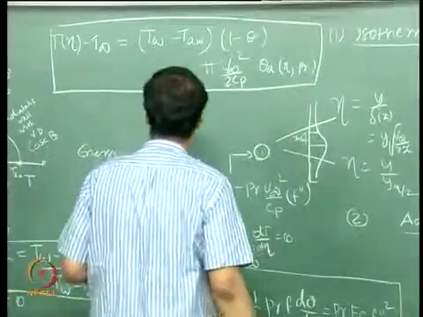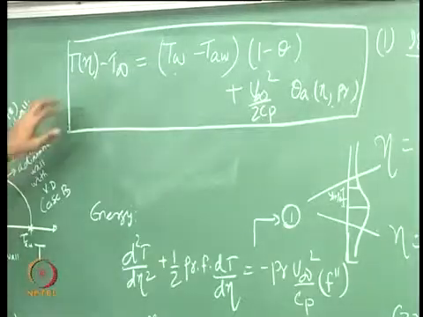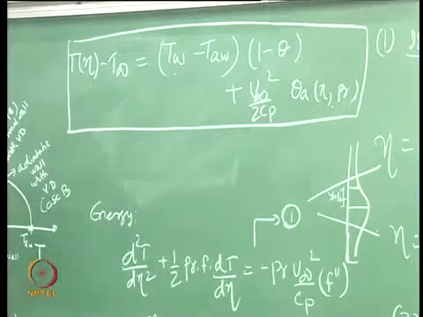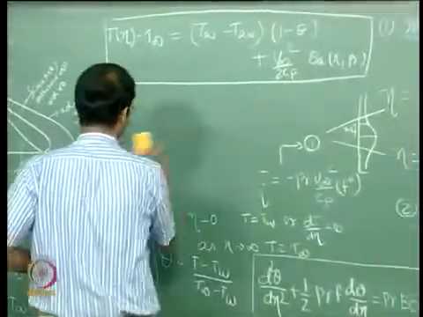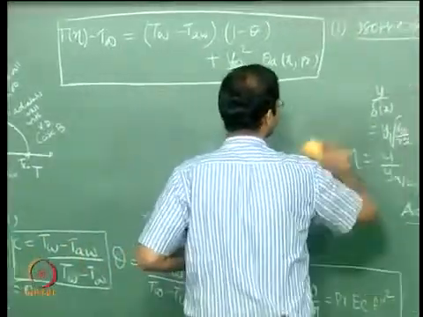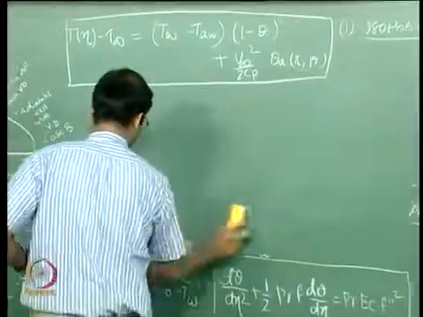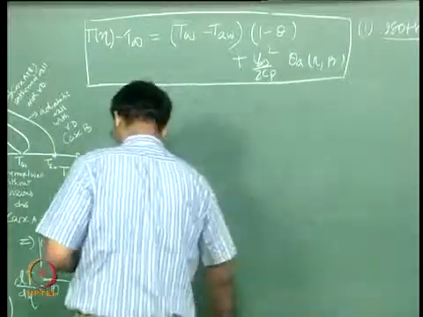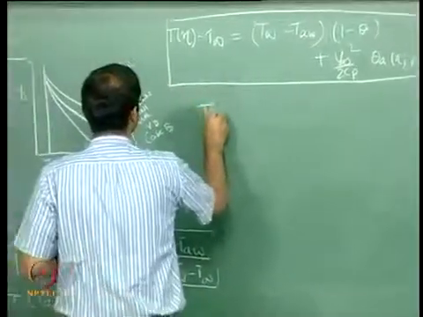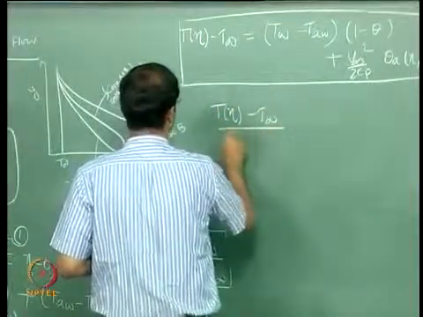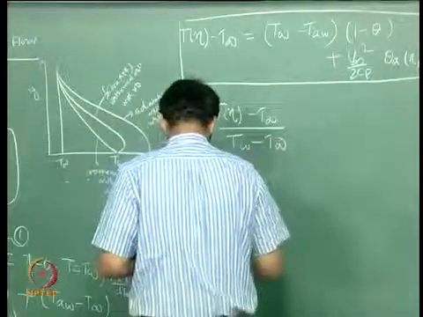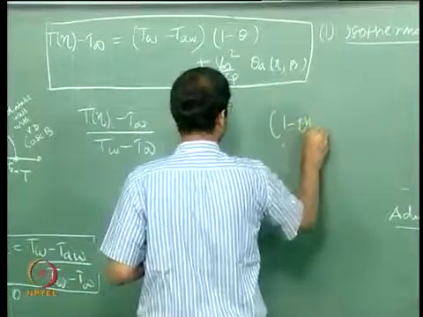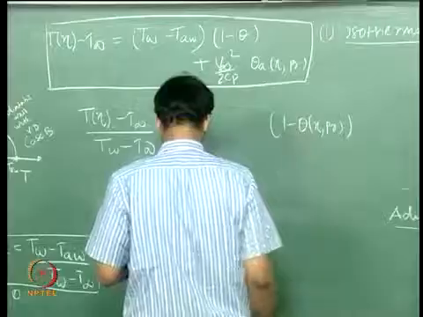I can also go one more step and non-dimensionalize this with T minus T infinity by T wall minus T infinity. I can divide throughout by T wall minus T infinity, so that I get a final expression for non-dimensional temperature. This will still be 1 minus theta, a function of eta and Prandtl number.